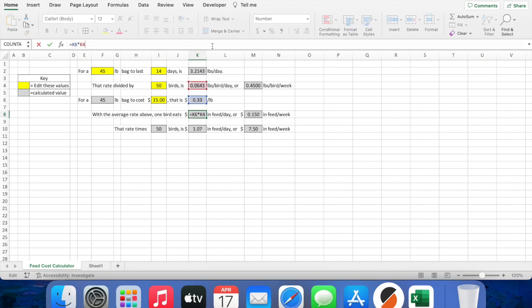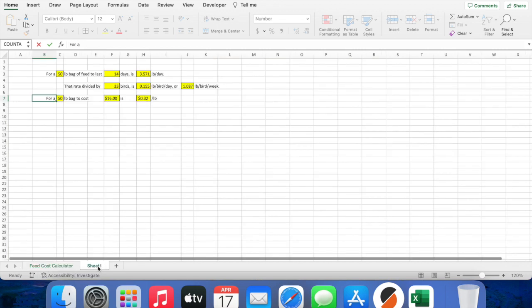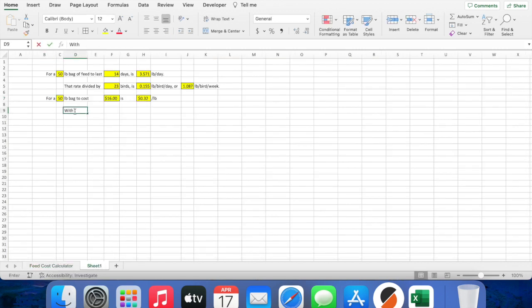We're just using the pounds per day and then the price per pound that we just calculated. Of course this is just an average. One bird on average eats, equals price per pound times pounds per day per one bird, about a nickel a day per bird.